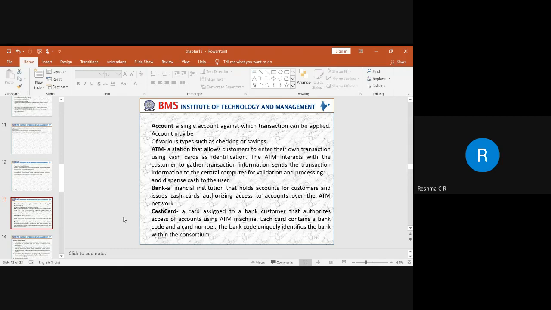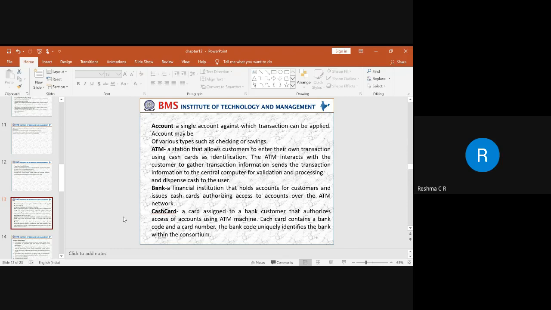When it comes to a central computer, it is a computer operated by the different consortium which will dispatch the transaction between the ATM and the bank computers. That means, say for example, if I'm having an account in an SBI bank, I can make a transaction from a Syndicate Bank ATM.